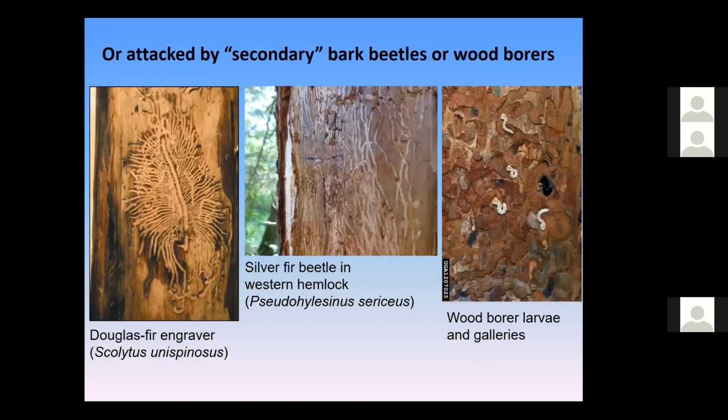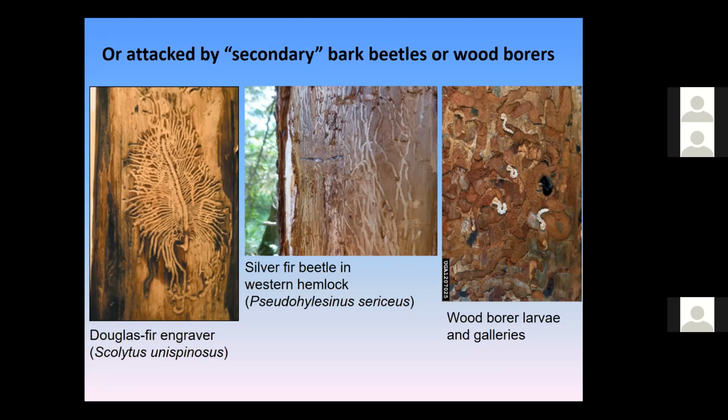So these beetles that attack drought stressed trees or flood damaged trees or a wind thrown tree lying on the ground, what they're trying to do is get in there and lay their eggs. And their larvae or grubs, when they hatch out of the eggs, are feeding on the sugar that the tree has produced.